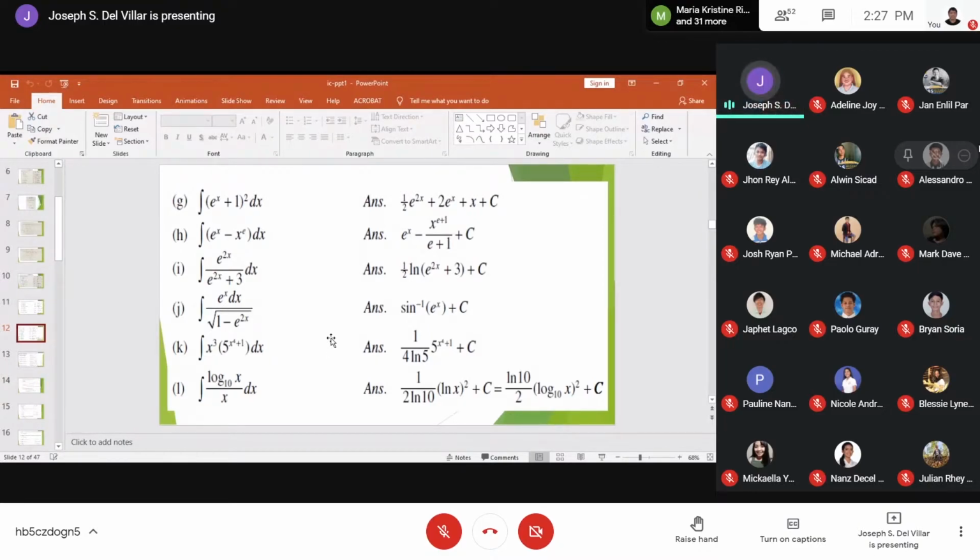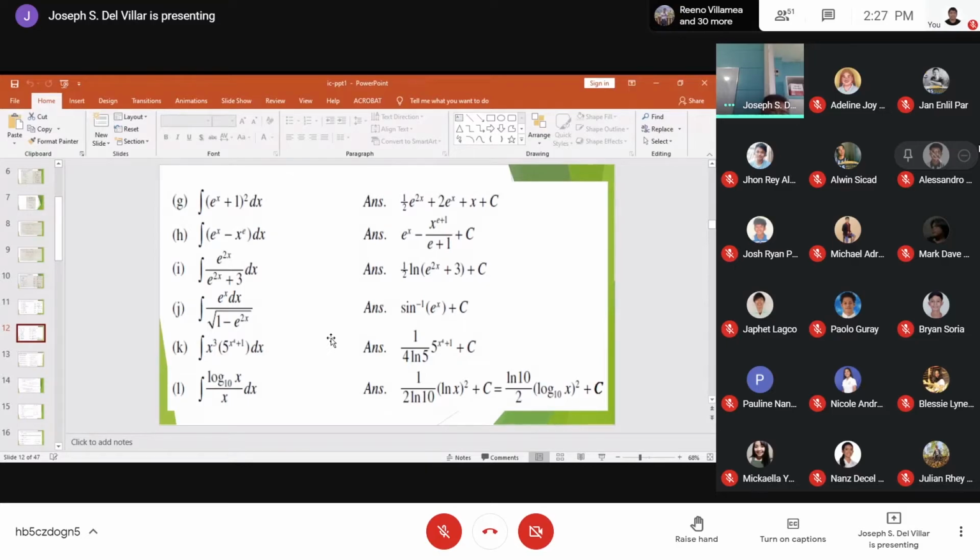So you simply take a look at the exponent. So, ang exponent ng e, 2x, di ba? So, anong differential ni 2x? 2dx. Okay, 2dx. Pero meron lang tayong dx, di ba? So, we introduce 2, introduce also 1/2 behind. So, it's already exact. So, 1/2 e to the 2x.